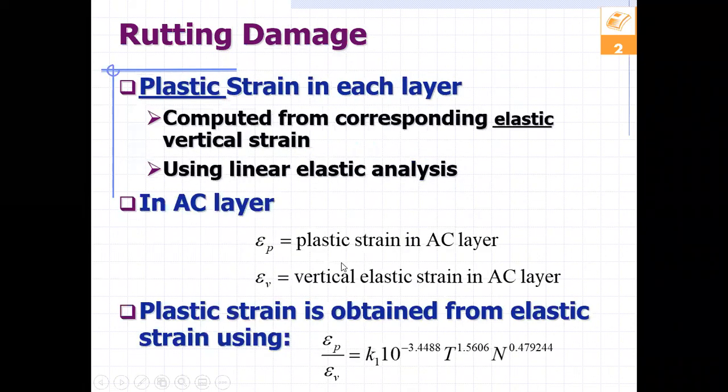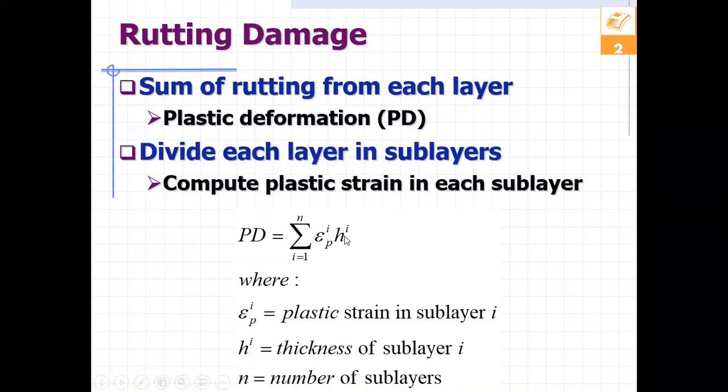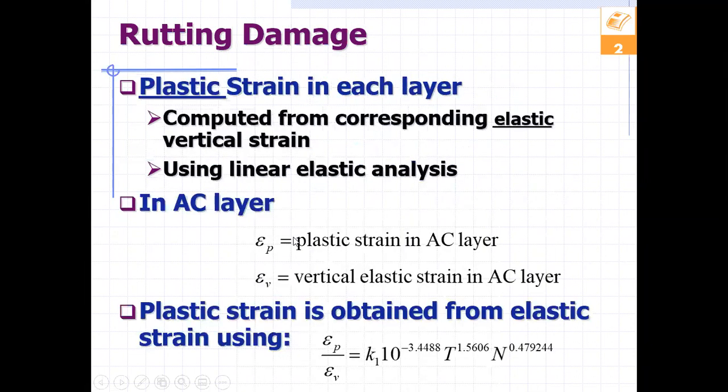Now, this EP, because the H is very easy, is the thickness. So it is your 6 inches from the case before. So you know what that thickness is. The EP, the plastic strain, is the one we don't know.